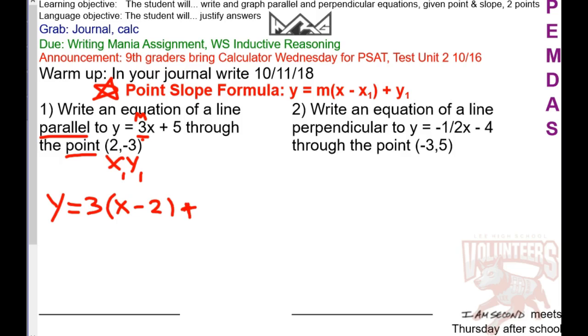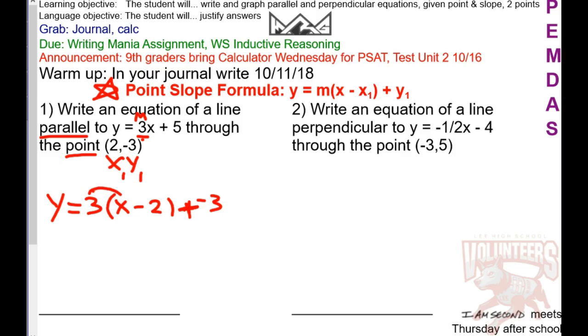Now, plus negative 3, typically you don't see plus a negative, usually you just see a minus sign, but either way, it's fine. If you got that far, you're on your way. Very good. But you really need to simplify it. So we need to distribute and combine like terms.